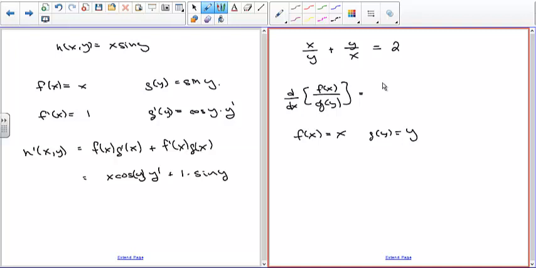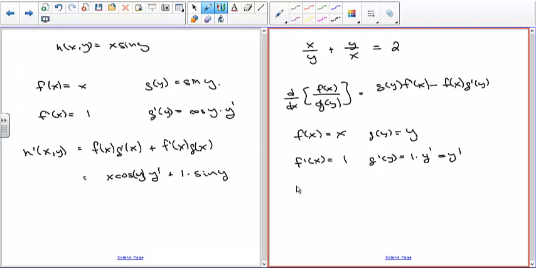Okay, so the first one, it says g of x, but in this case it's g of y, times f prime of x minus f of x. So when you take the derivative here with respect to x, you'll get 1. And when you take the derivative with respect to y here, you'll get 1 times y prime, which is just y prime.